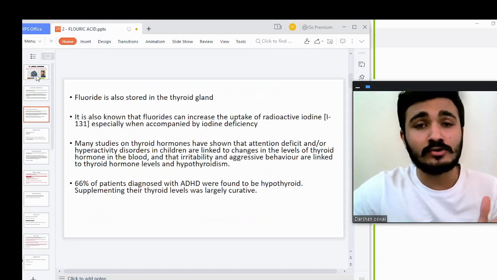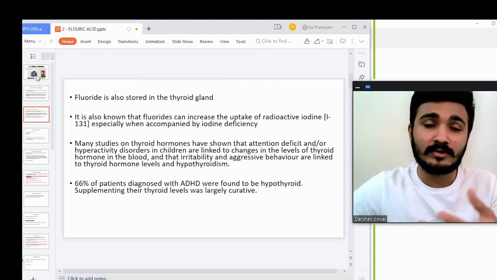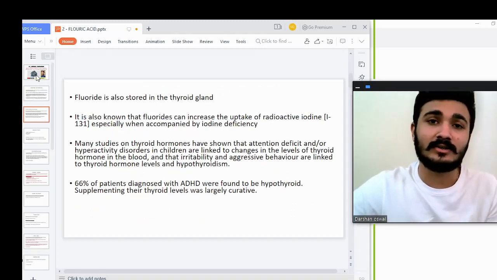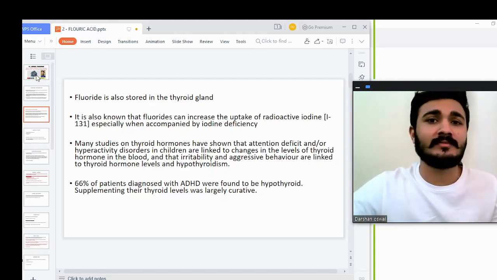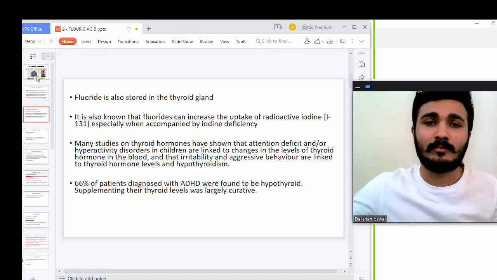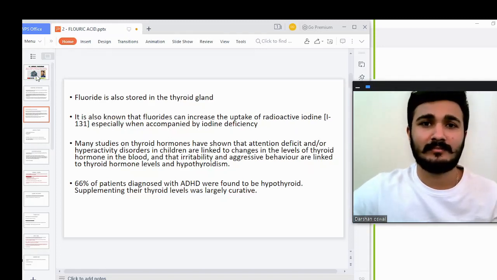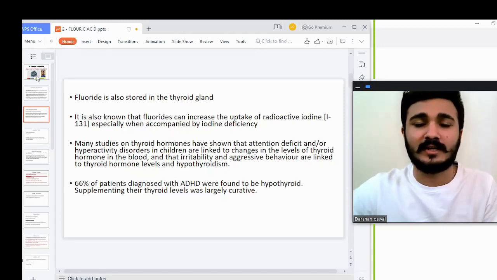Fluoride is also stored in the thyroid gland, and it is seen that the intake of iodine, radioactive iodine, is all in control of fluorine. The less the iodine, the more the fluoride in the body. The less the fluoride in the body, the more the iodine in the body. So it's vice versa with fluorine and iodine.